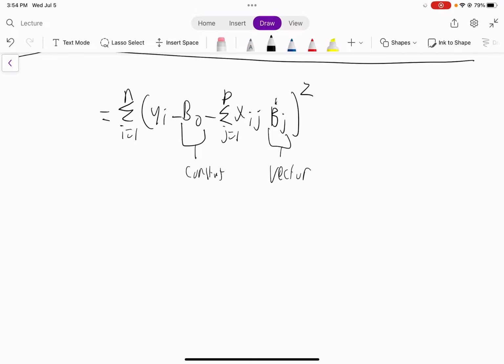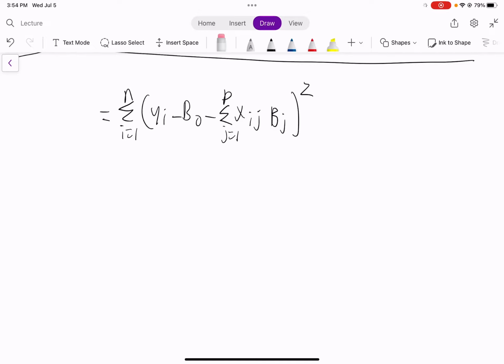This b_j with the summation is a vector. x_ij, let's come back to that. y_i is a vector. It's an n by 1 vector because it gets iterated by this summation. Now I'm going to clean this up a little bit and get rid of my notation.